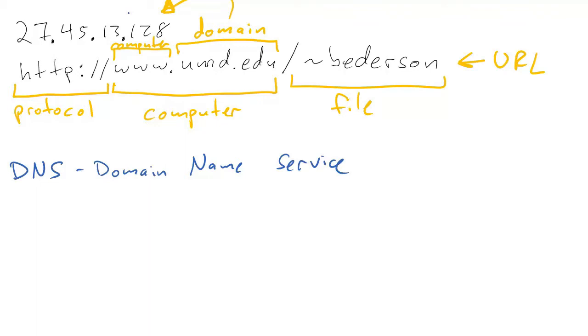In fact, they're built all over the place on the internet, because every computer on the internet needs this. Now that you've seen how you can translate a domain into an IP address, we can now see how the entire thing works. We've got a protocol. The domain and computer get translated into an IP address, and we can access a particular file.